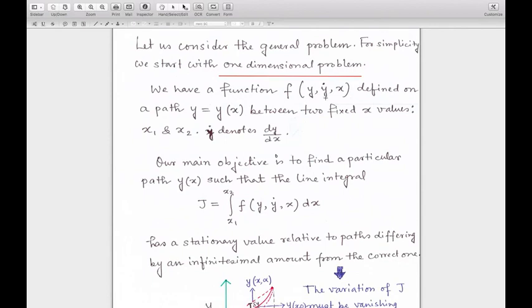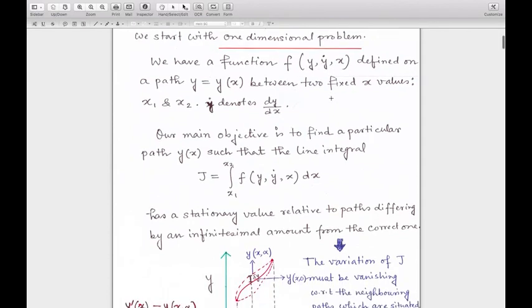If we only have a one-dimensional problem, then we will only have one position coordinate and one corresponding velocity coordinate. So this is the meaning of one-dimensional problem. If we have a multi-dimensional problem, then we will have y1, y1 dot, y2, y2 dot like this.